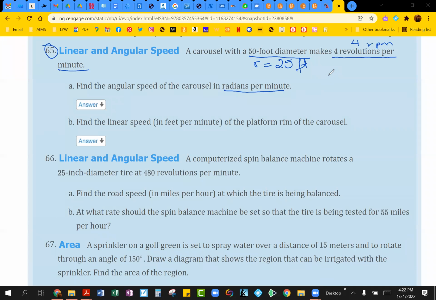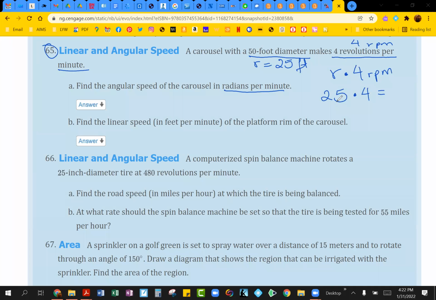So we basically have, as Andrew said, you take your radius and multiply it into those 4 RPM. So that's going to come out to be 25 for the radius times 4. And what will that end up giving us? Sorry, no, I skipped a step here, didn't I?